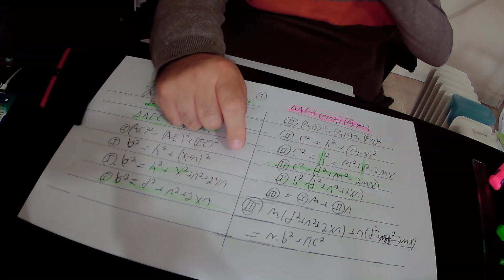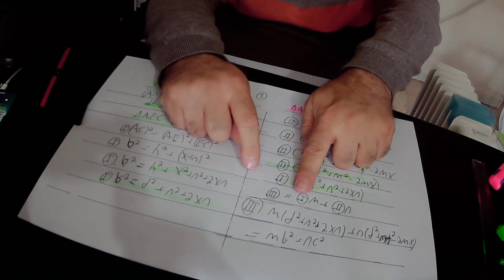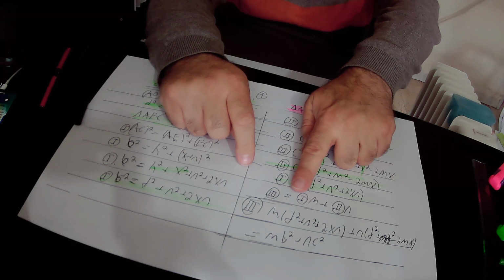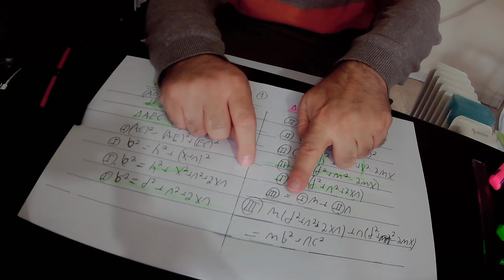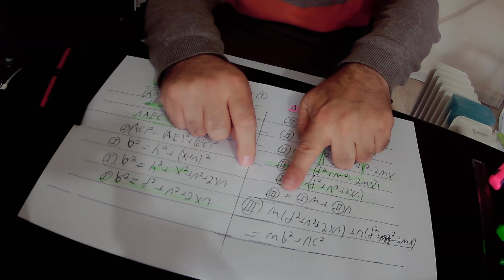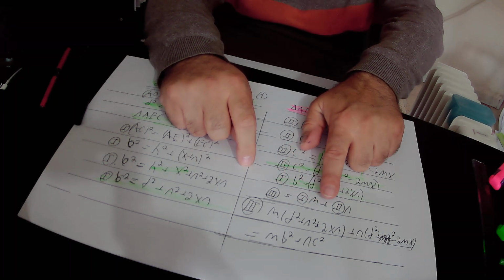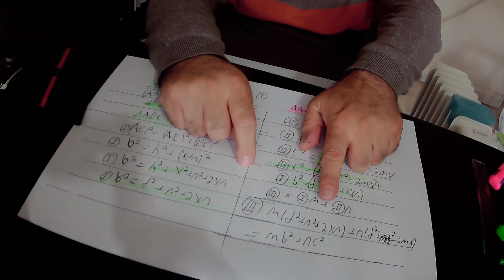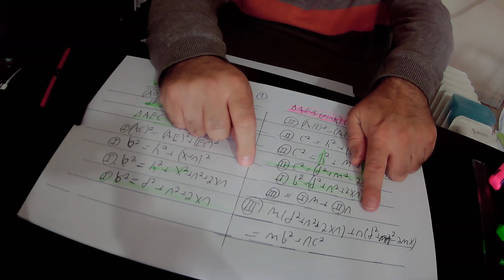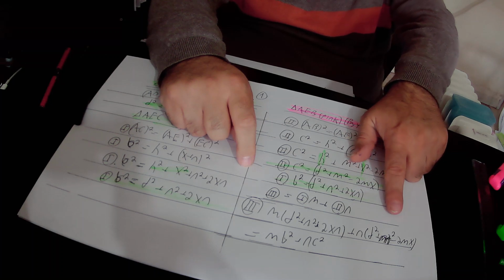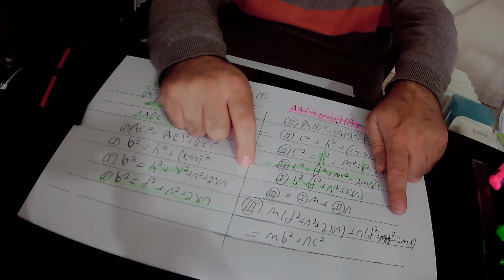Okay. Then we open the brackets here. M times D squared is MD squared, M times N squared is MN squared, and M times 2XN is 2 times MXN, and plus N times D squared is ND squared, N times M squared is NM squared, and finally N times minus 2MX is minus 2 MXN.